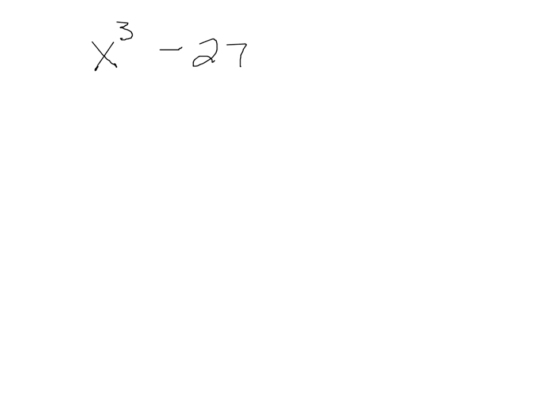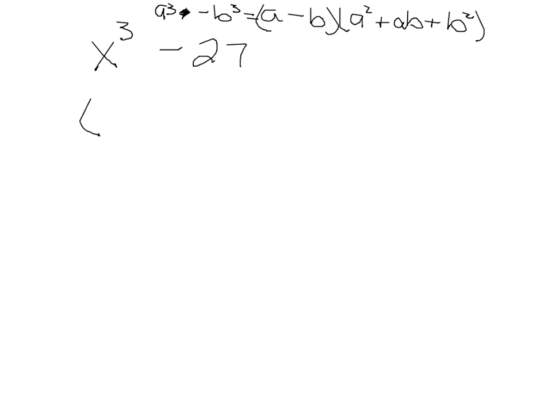Okay, this is the difference of cubes. So this is another formula that you need to have on your note card for the test. Difference of cubes. So that's A minus B in parentheses times A squared plus AB plus B squared. And so I rewrite this as x cubed minus 3 cubed.